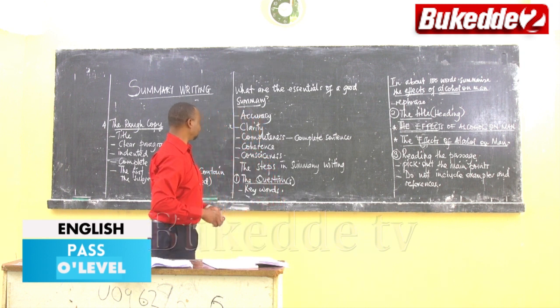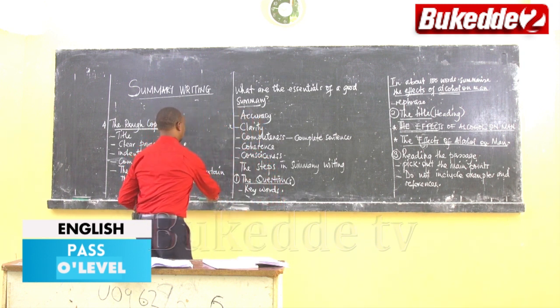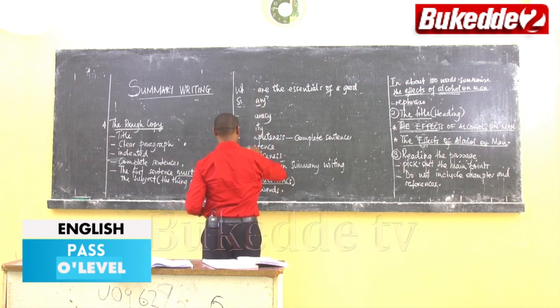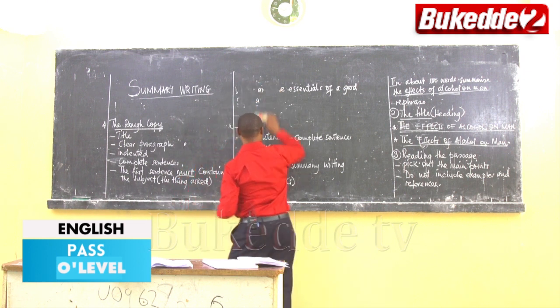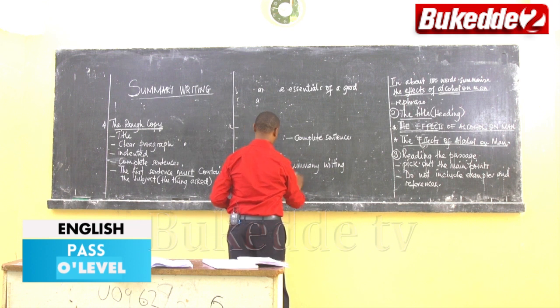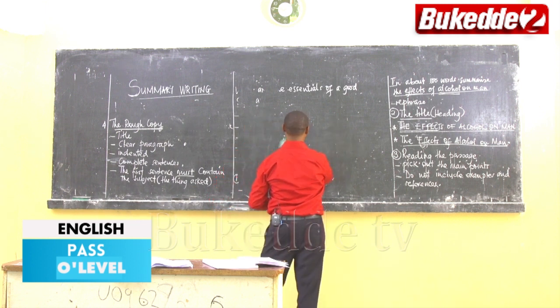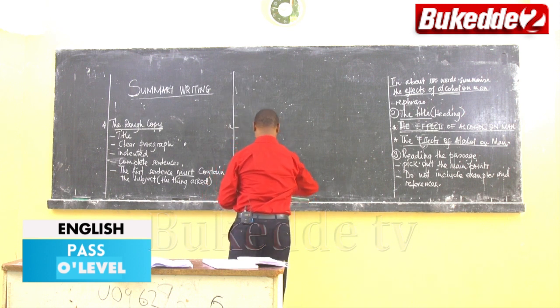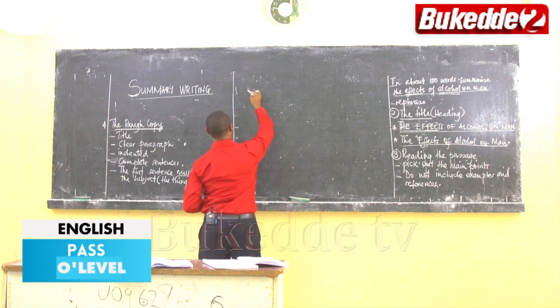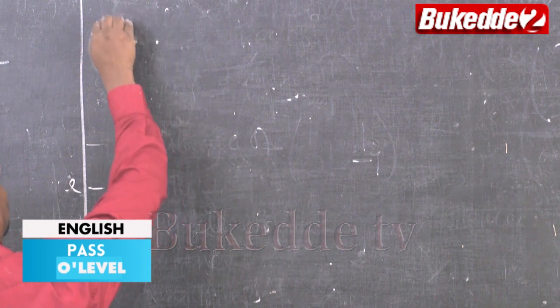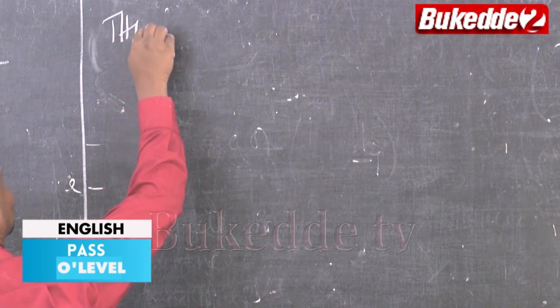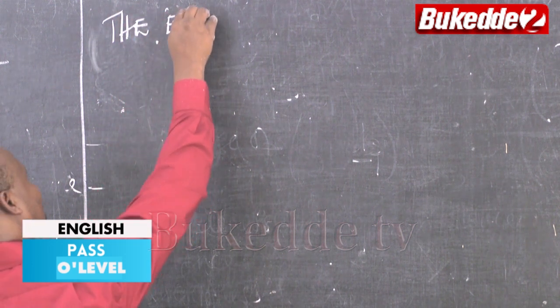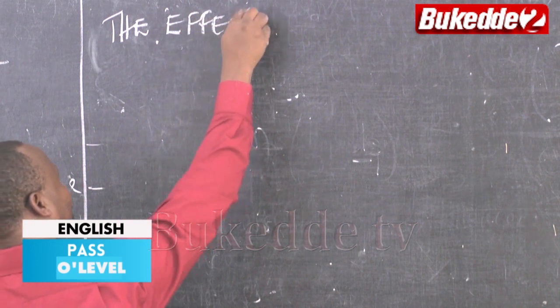For example, you have been asked the effects of alcohol on man. What are the effects of alcohol on man? So we have our title, the effects of alcohol on man.